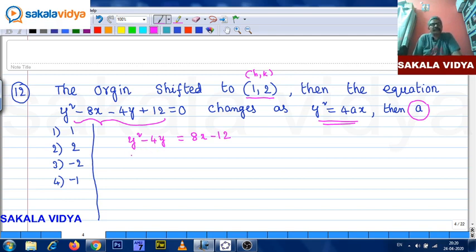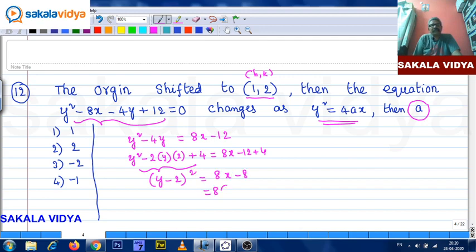To make it a perfect square, y square minus 2 into y into 2, here b square term is absent, 2 square, add 4 on both sides, 8x minus 12 plus 4. Now this can be written as y minus 2 whole square equals 8x minus 8, take 8 common, this is x minus 1.